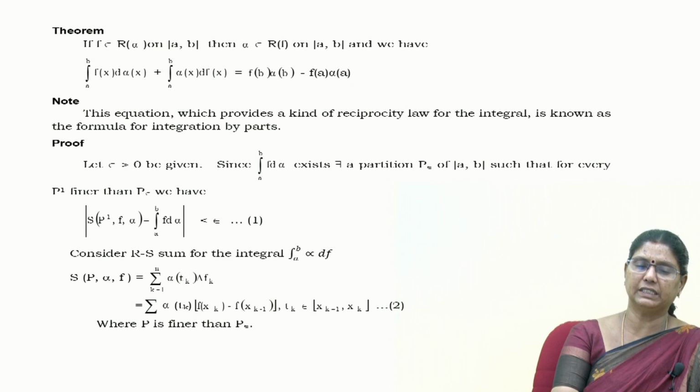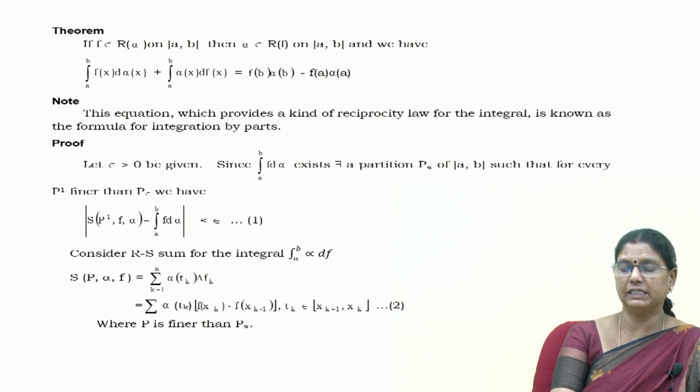To prove the above, let epsilon greater than 0 be given, and since integral a to b f d alpha exists, because by the given data f belongs to R(alpha) on the closed interval [a, b]. So, by the definition, whenever f belongs to R(alpha), then integral a to b f d alpha exists. Similarly, alpha belongs to R(f) is also given, and hence integral a to b alpha d f also exists.